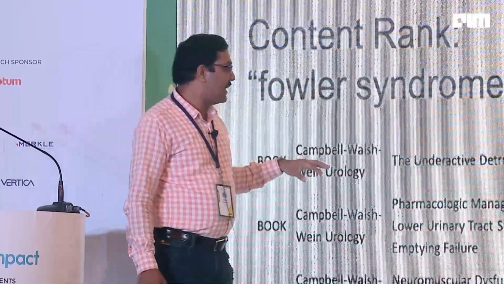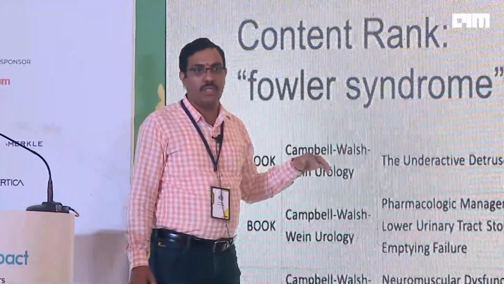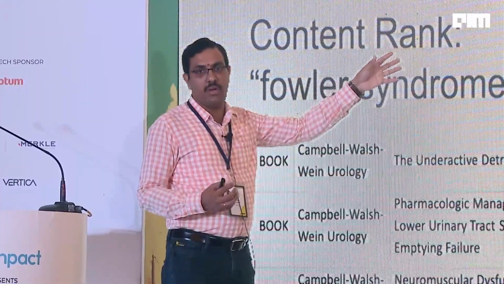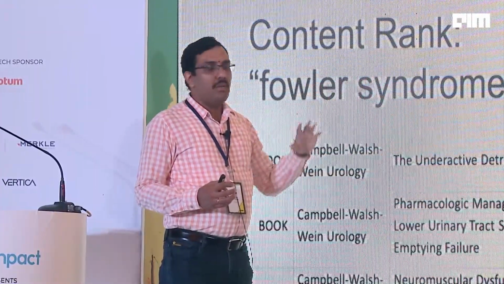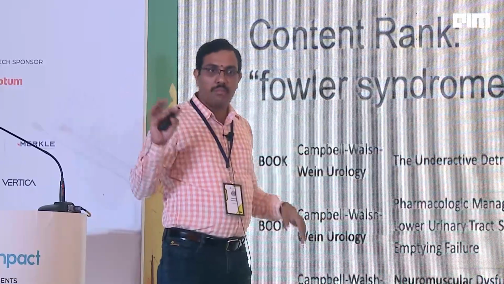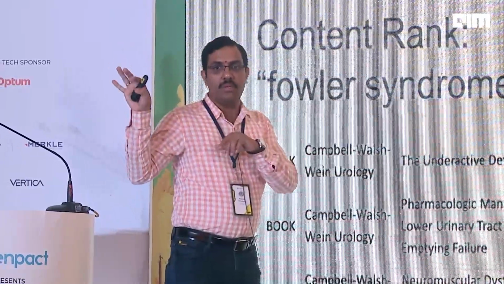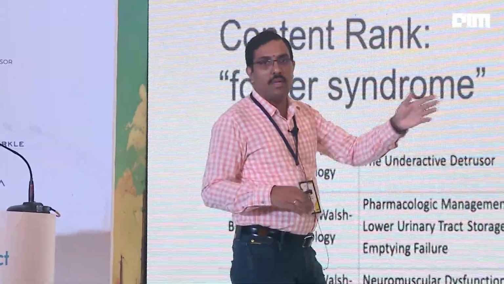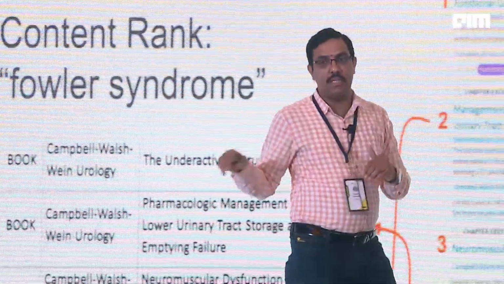Sometimes what happens is, if the user is a medical student, he is not sure whether he should click on the first book or not, because somebody told him to find this content in so-and-so book. So he is particular about looking for a book which he knows about. He goes to the second, third, fourth page, tries to see if he finds that book, and clicks it.